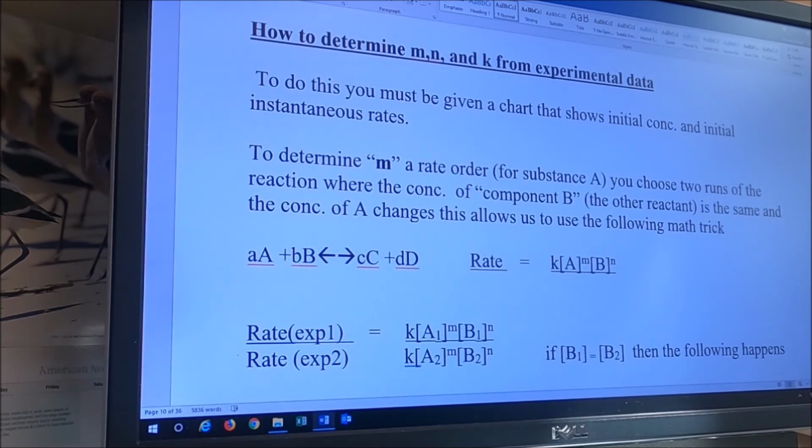These are all just math skills. Okay, you'll be given a chart that shows initial concentrations and initial instantaneous rates. To determine m, the order for substance A, if I have rate equals k[A] to the m, [B] to the n, I want to choose two reactions where the concentration of B is the same and the concentration of A changes, which allows us to do some math tricks.